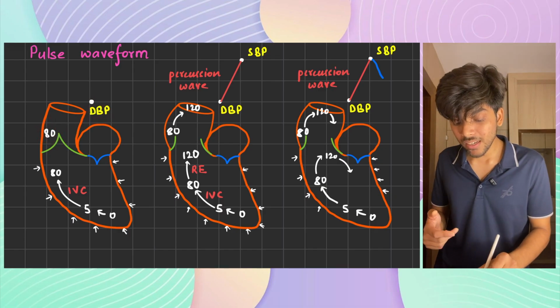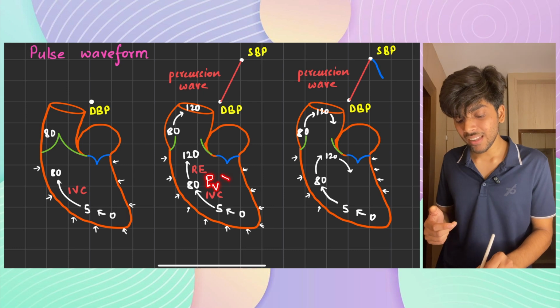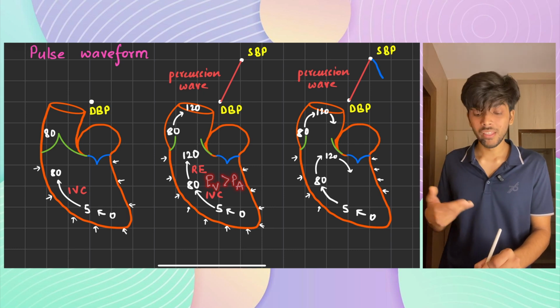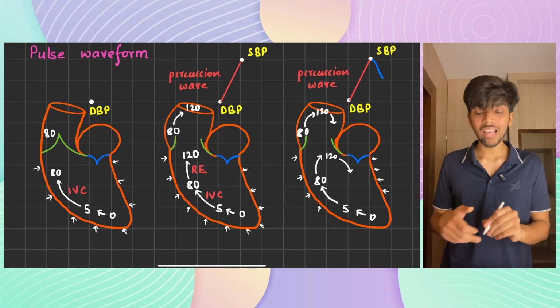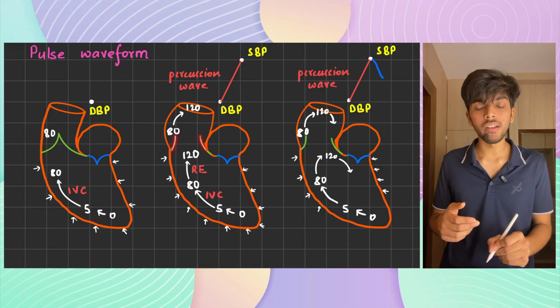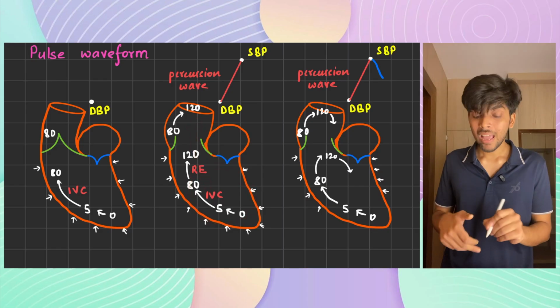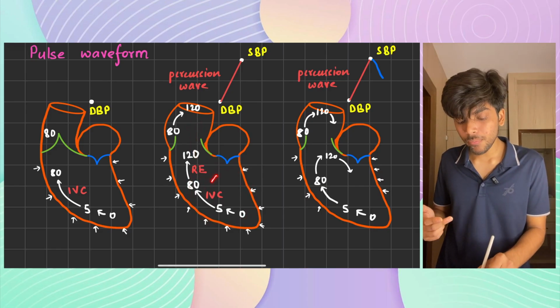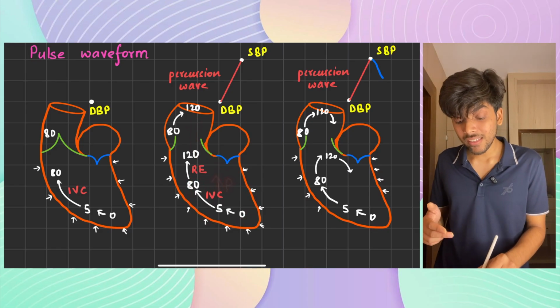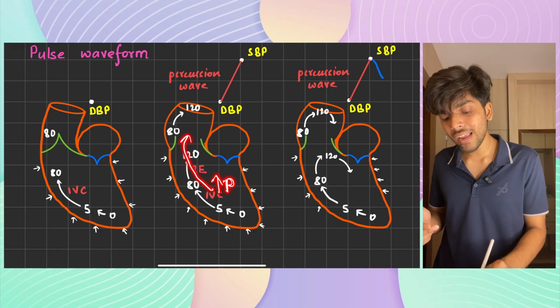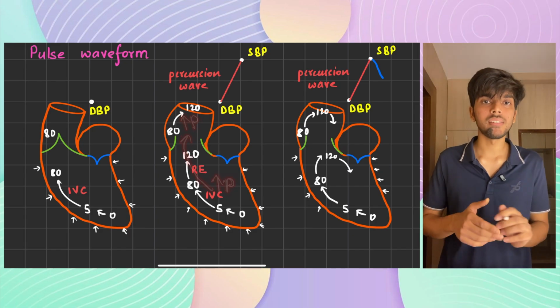As soon as the pressure inside the ventricle becomes greater than the pressure inside the aorta, the aortic valve opens. As soon as the aortic valve opens completely, the left ventricle is able to communicate with the aorta. As a result, if there is a rise in pressure inside the ventricle, there is also a rise in pressure inside the aorta by the same extent.